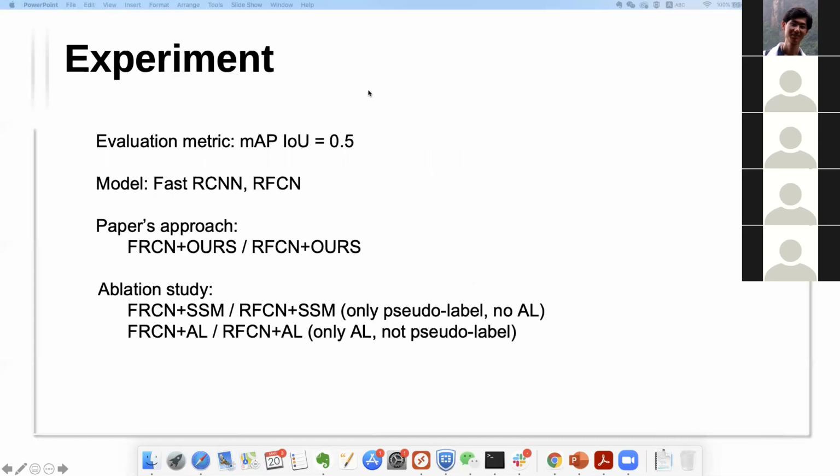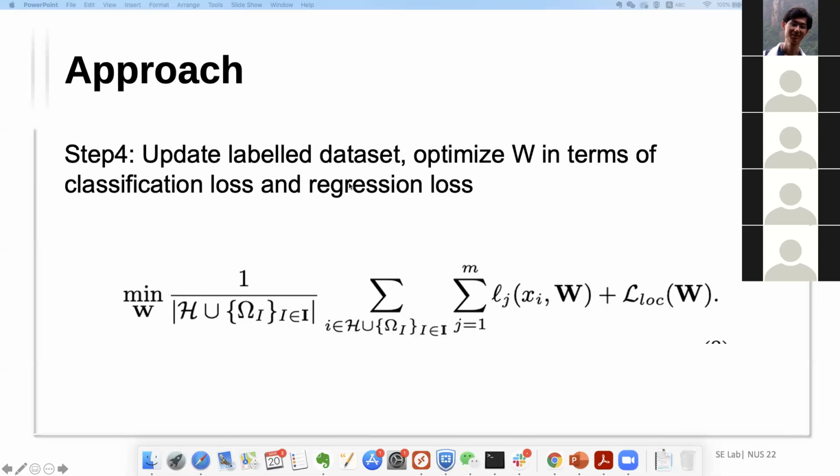And in their experiment, the evaluation metric is the mAP at an IoU threshold equal to... Sorry, I just have a comment on the previous slide. That's about your design of the regression loss, right? Once we have the regression loss, it's actually about the regional box, right? Regression loss is on the final reported box.